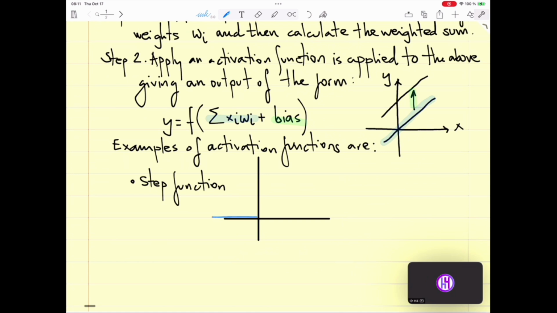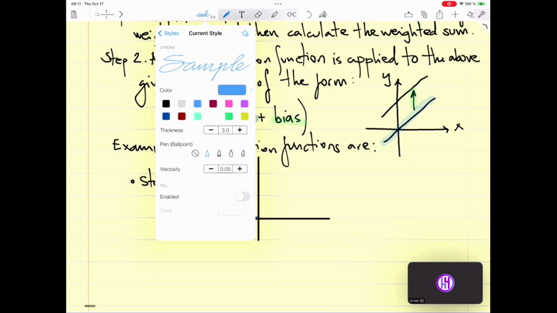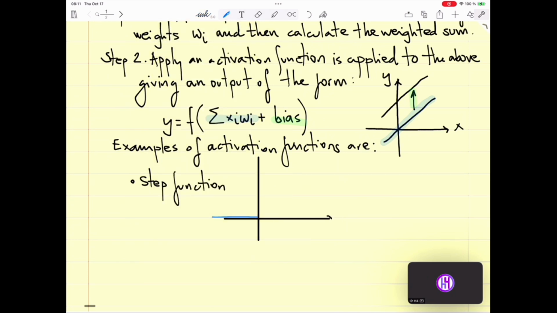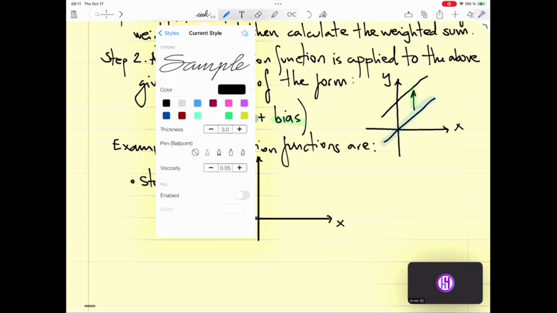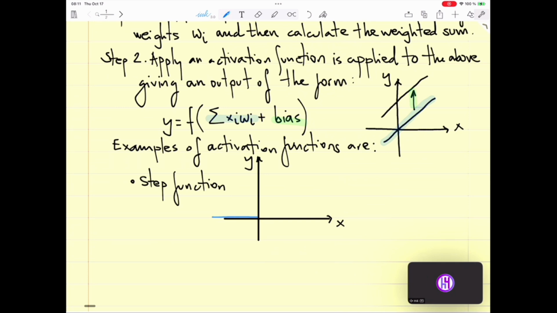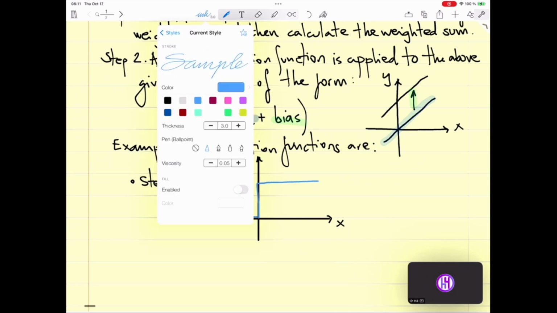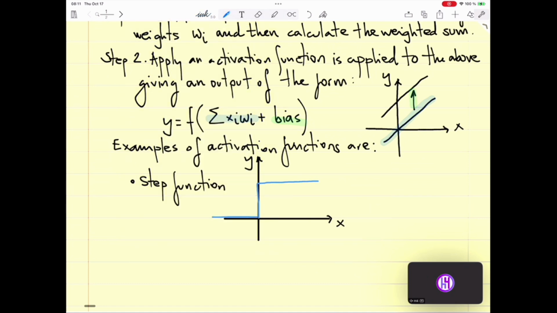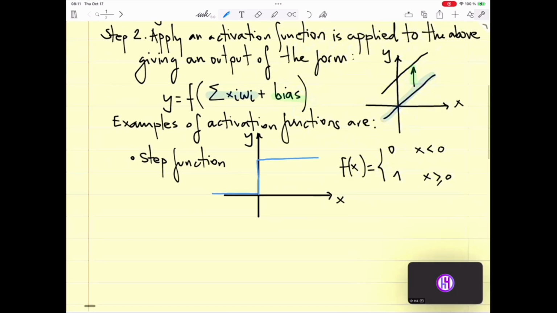Zero whenever x is smaller than 0, and some sort of step, usually 1, otherwise. So f of x is 0 for x smaller than 0 and 1 for x bigger than 0. This is the step function, but we don't use this.